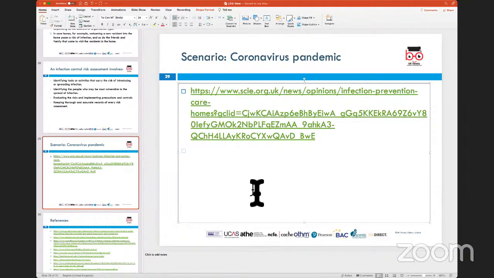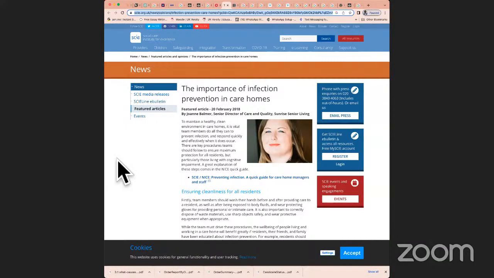This particular link, which I'm going to show you on the Sky website, would give you the details of how we look at risk assessment and controlling the spread of an infection within a health and social care setting.